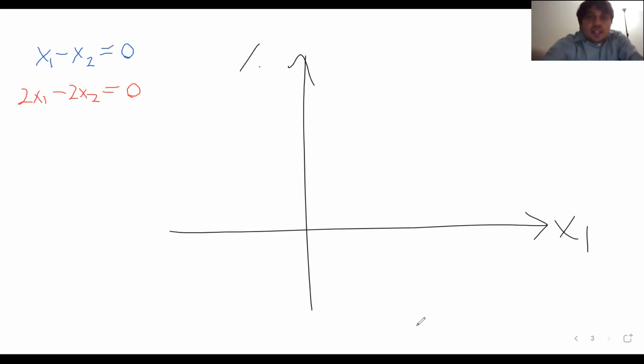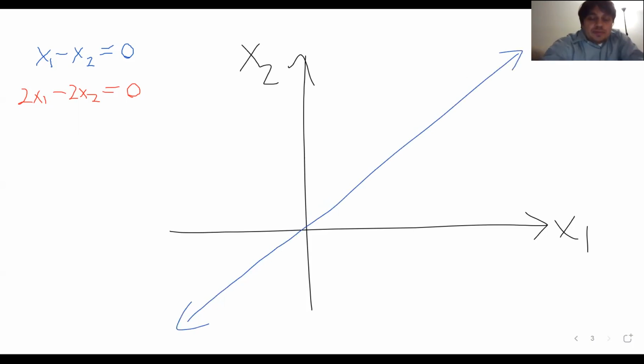So you have the x1 axis and the x2 axis. If you have x1 minus x2 equals 0, that corresponds with the equation x1 equals x2, and that corresponds with this diagonal line, which I'm going to draw again. This goes through the origin. Now if you have 2x1 minus 2x2 equals 0, and you draw the line representing it, you will get the same exact line. It's not perfect, but you see, right?